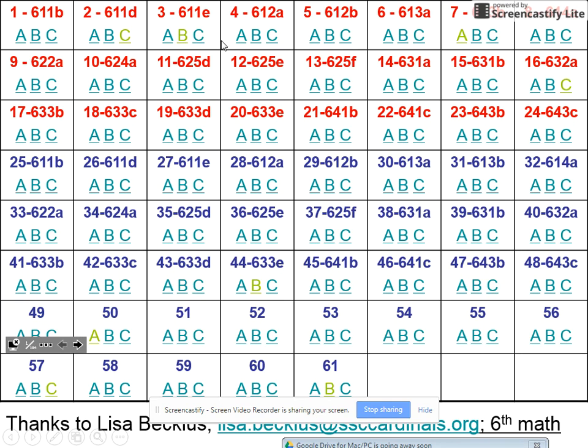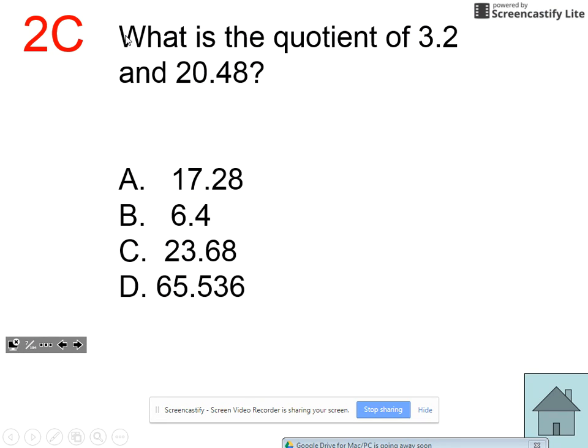Okay, next is 2C. Here's another division problem. The only difference is that this division problem has a decimal in both the inside number and the outside number. Remember, you cannot divide when a decimal is on the number on the outside. We can't make a part of a group.